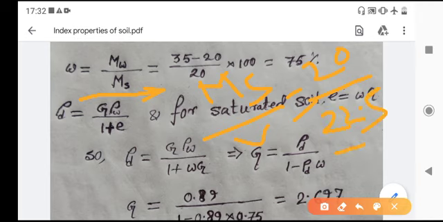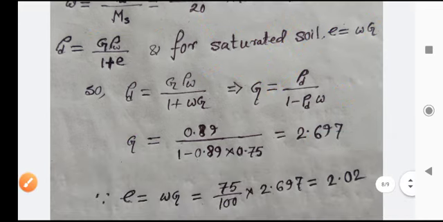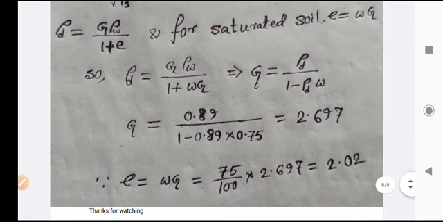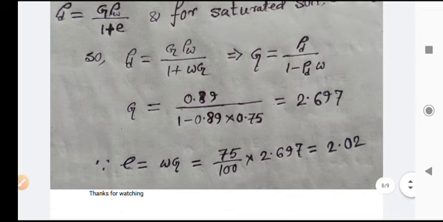So we get 0.89. Putting this value, G equals rho d by 1 minus rho d into water content, with water content 75%. So G equals 0.89 by 1 minus 0.89 into 0.75, and we get 2.697.